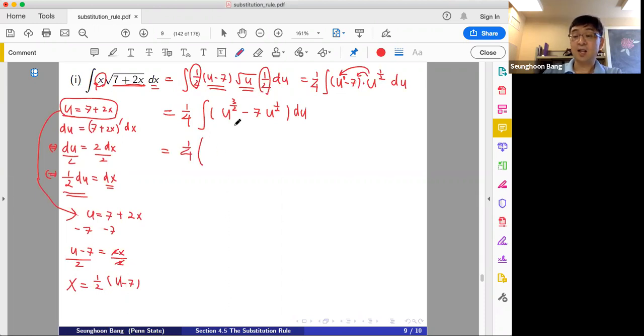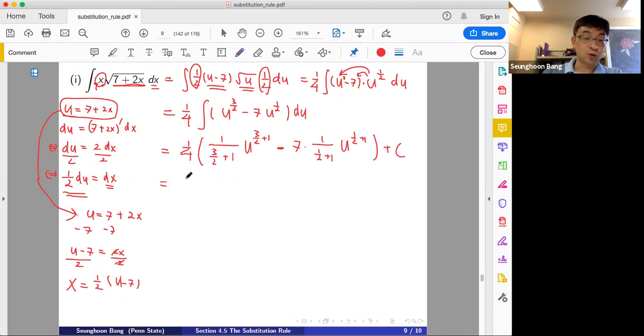Find the antiderivative by using the power rule. So we have 1 over the quantity 3 over 2 plus 1, times u to the 3 over 2 plus 1, minus, keep the 7, 1 over the quantity 1 over 2 plus 1, times u to the 1 over 2 plus 1, plus c.